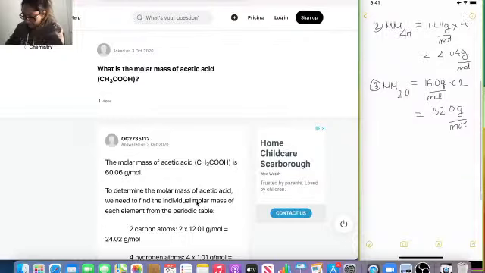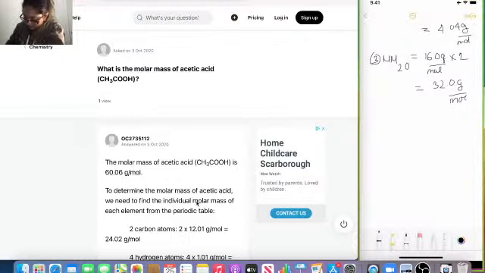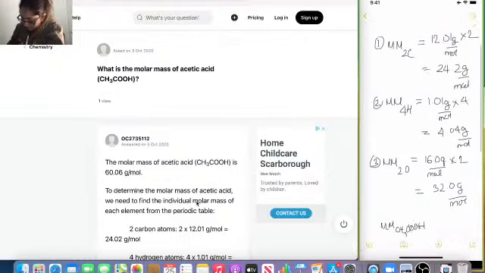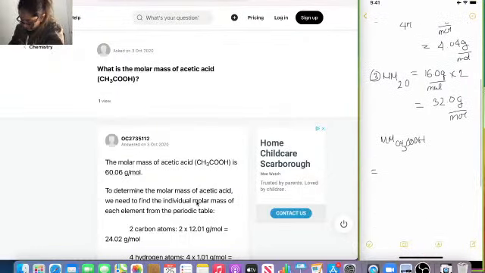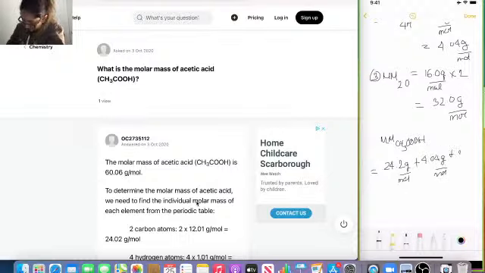So now the last step would be to add all this together and find the molar mass of CH3COOH, which is acetic acid. This is equal to our first one, 24.02 grams per mole, plus 4.04 grams per mole, plus 32 grams per mole.